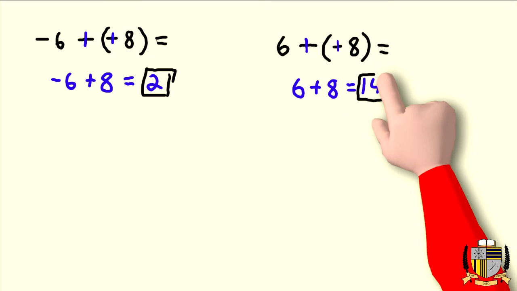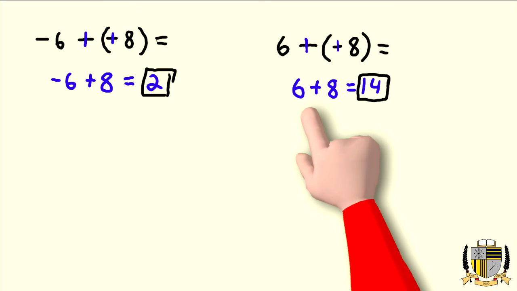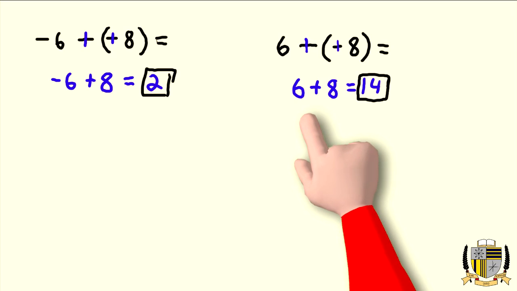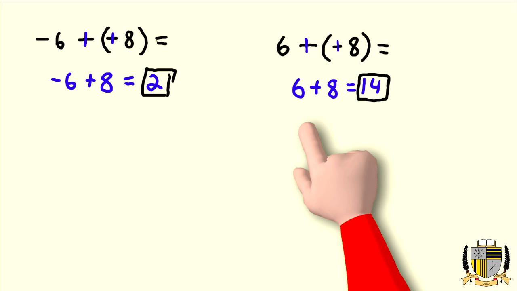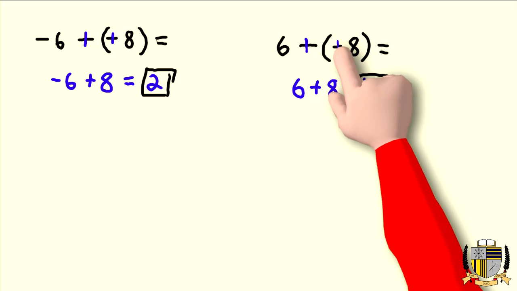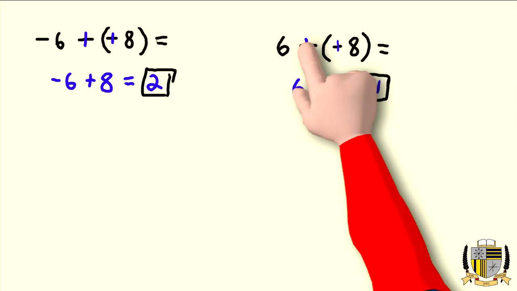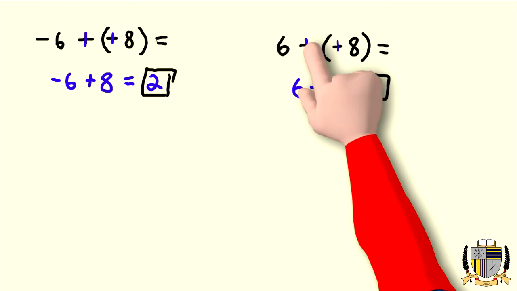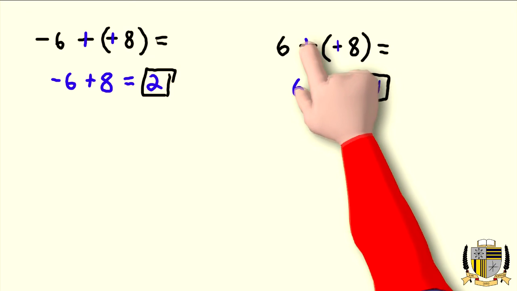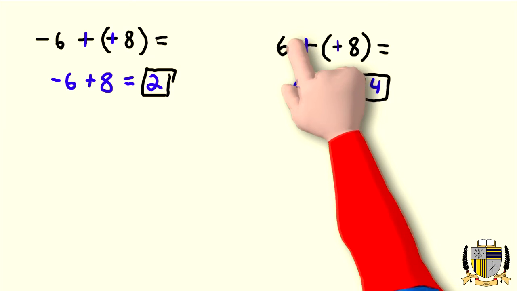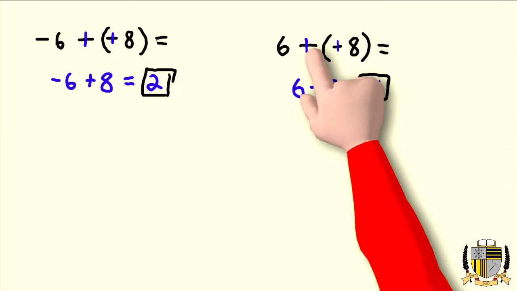So regular, normal addition. And that's basically it with subtraction of signed numbers. When you subtract signed numbers, you change the sign of the second number, change the main subtraction sign, and then you do the addition rules.